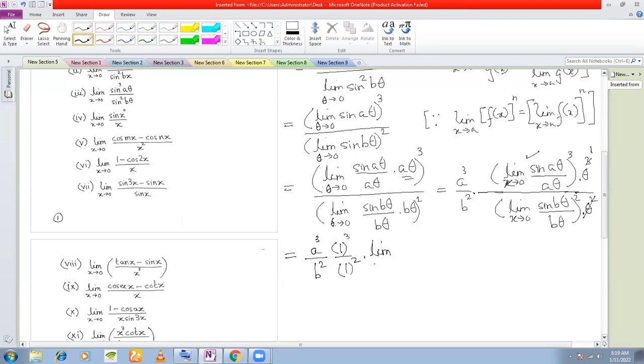So limit theta tends to 0, theta. So you're getting a cube divided by b square into limit theta tends to 0, you put theta equal to 0, right? Even if it comes to 0, no problem, because 0 is still a determinate form of a limit. A limit can tend to 0. So your answer is 0.